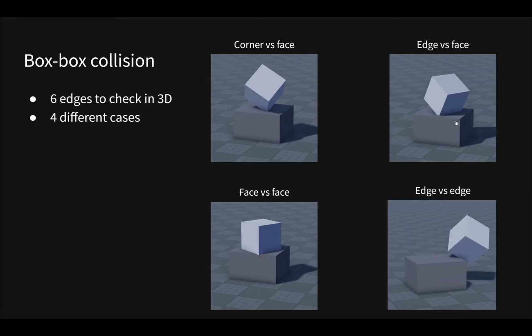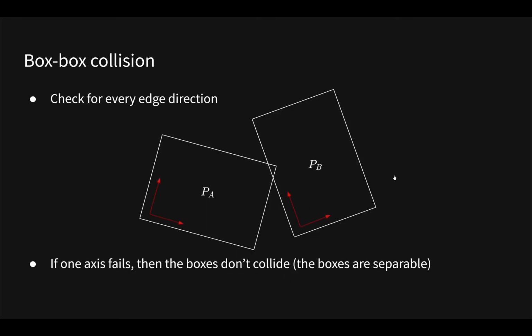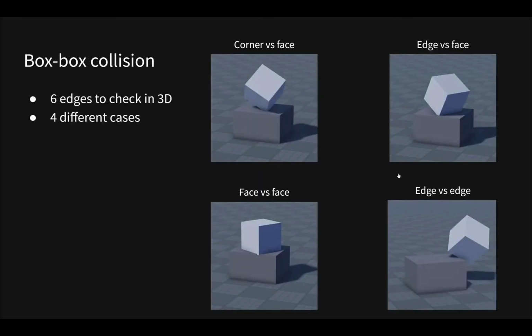All right, so it gets more complicated in 3D. First of all, we have 6 edges to check instead of 4, as we saw here. And also in 3D, we actually have a few different cases. We can have a case where the corner of one box intersects the face of the other box.